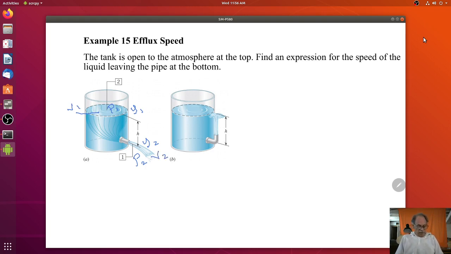That's called the efflux speed, the speed with which the fluid is coming out of this tank.